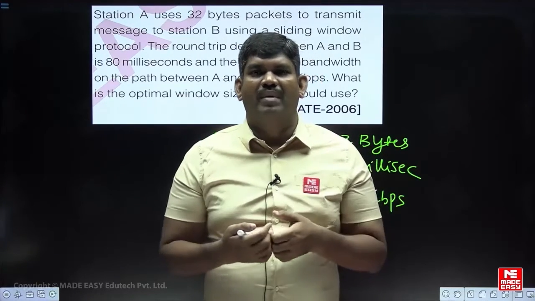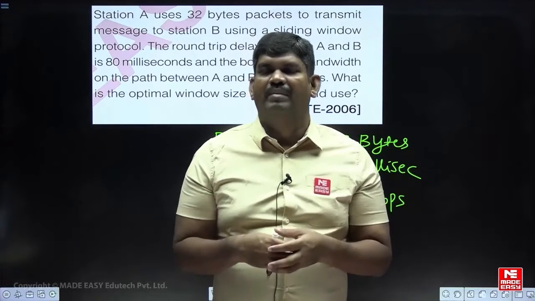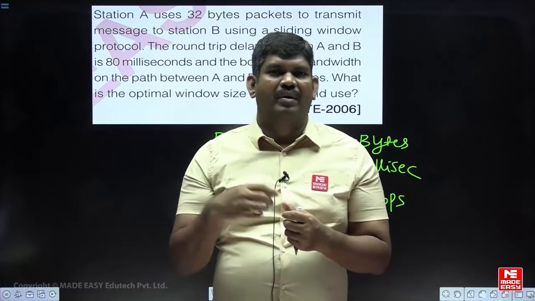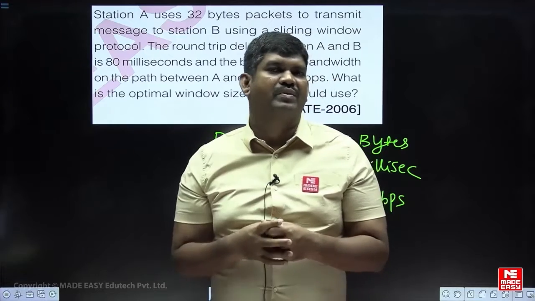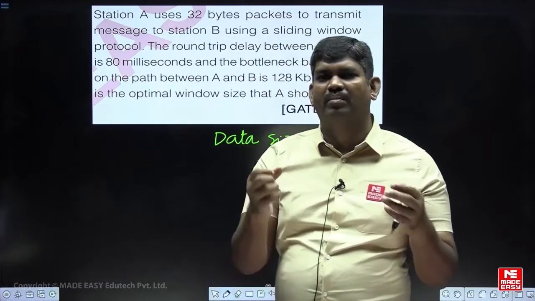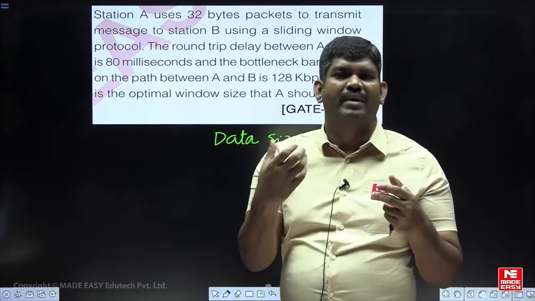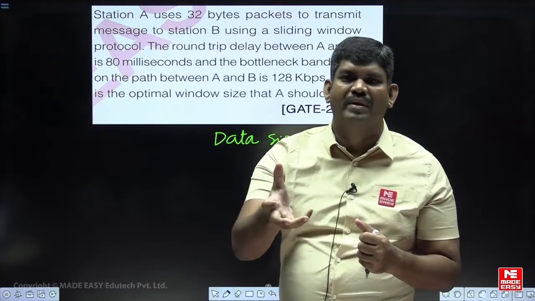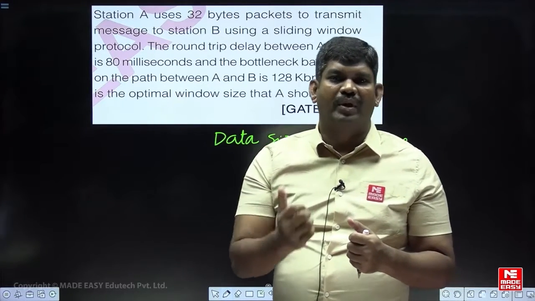Why it will be less is because different parameters are there: noise will be there, some losses will be there, and based on signal strength, different factors will be there. That's why normally the throughput, or the rate at which you send, will be less than or equal to the bandwidth. So when the bandwidth is not given in the problem and they have given the throughput or data rate, you can take it.